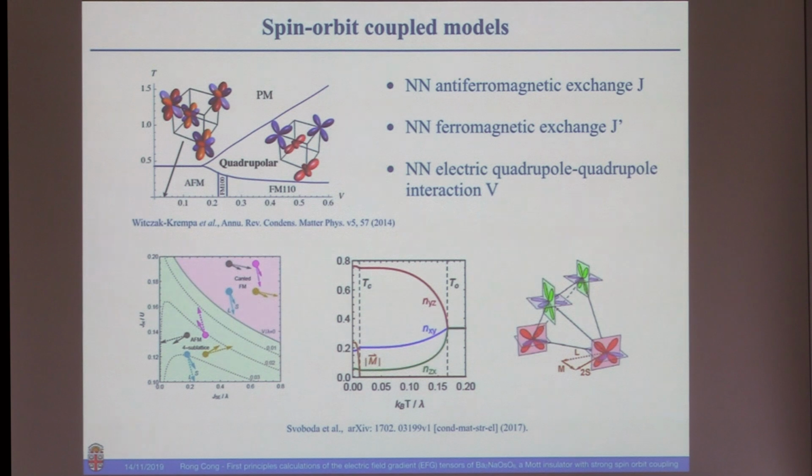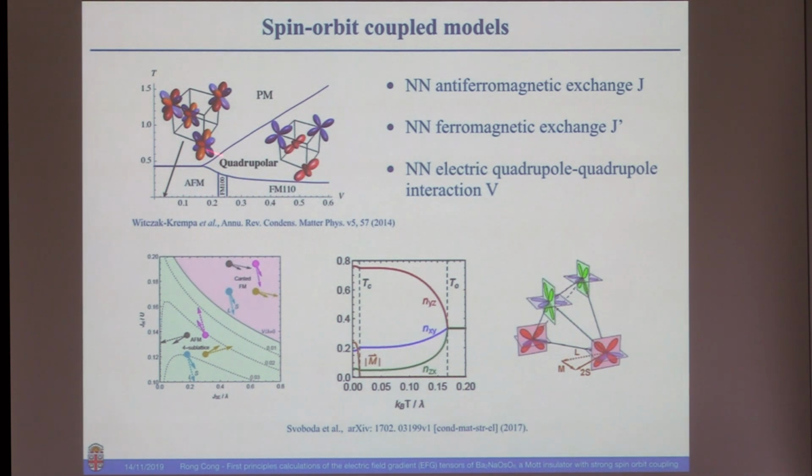Because of this interesting phenomenon, some theoretical models have been developed to describe the system. In this model, they consider nearest neighbor antiferromagnetic and ferromagnetic exchange interactions, both nearest neighbor, on different planes because it's an FCC.